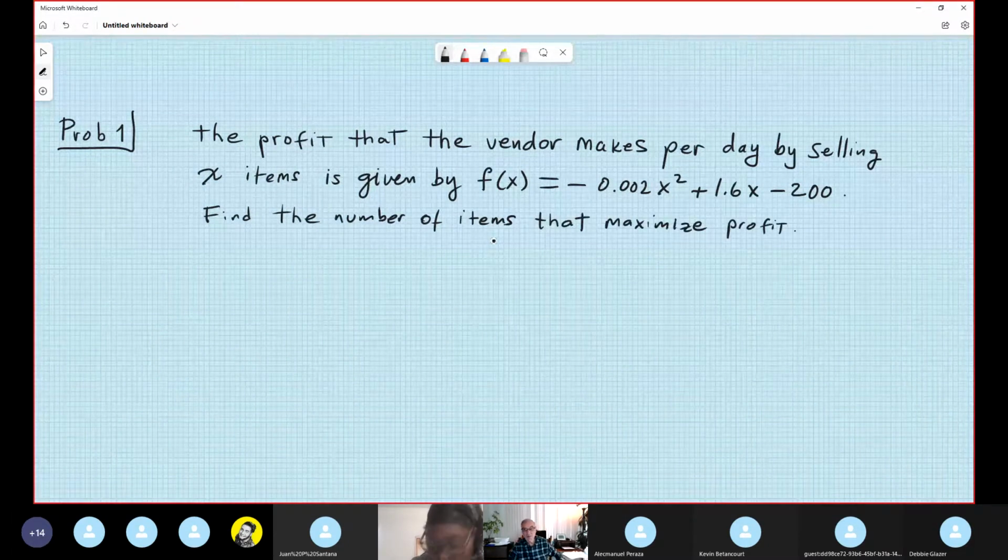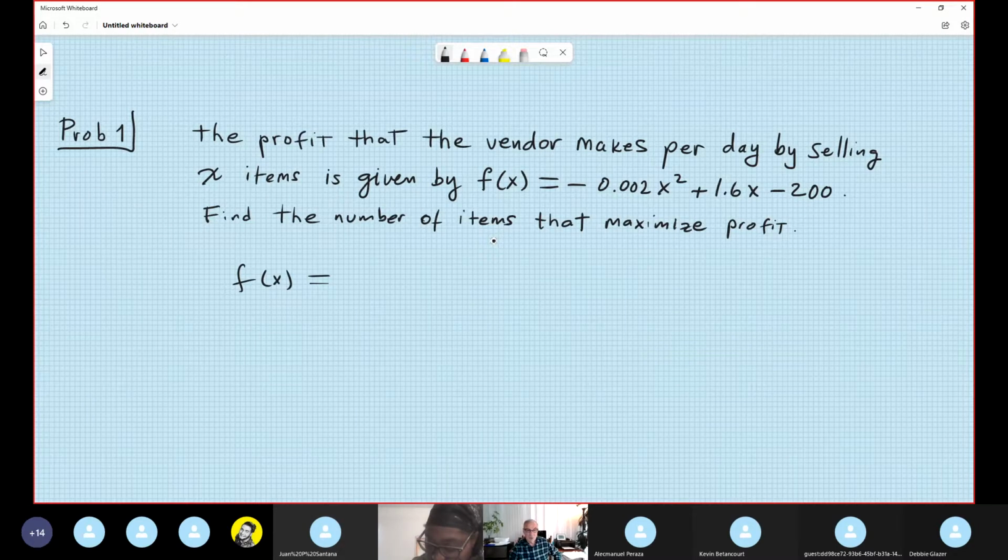So the equation for the profit is a quadratic function. Let me rewrite again: negative 0.002x squared plus 1.6x minus 200. This equation represents a quadratic function.